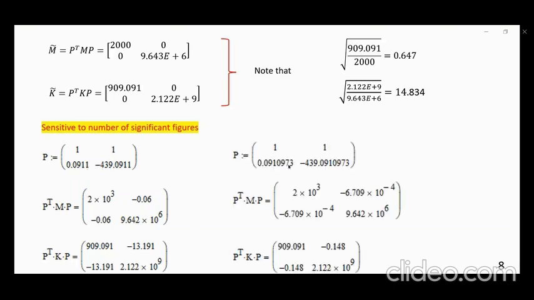If you take 7 digits after the decimal point, some of the numbers are going to look different, because notice that these two are the same, and these two are the same, and the same thing with the stiffnesses, 909 and 909. And this and that are the same. But these off-diagonal terms are different.